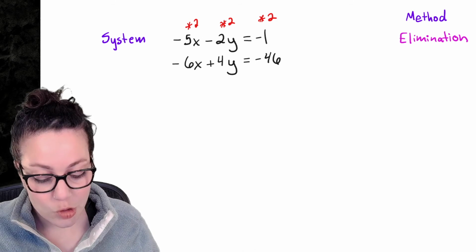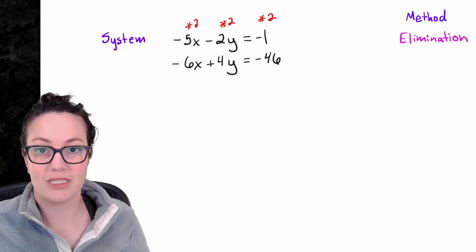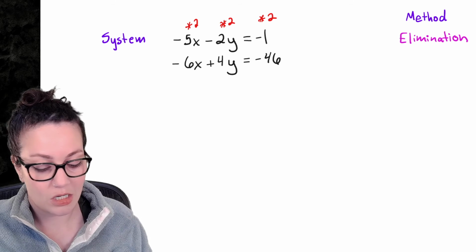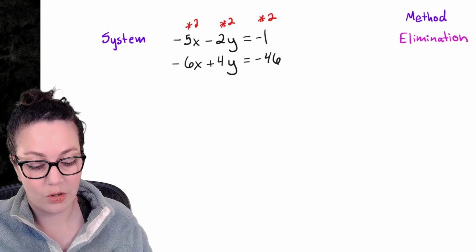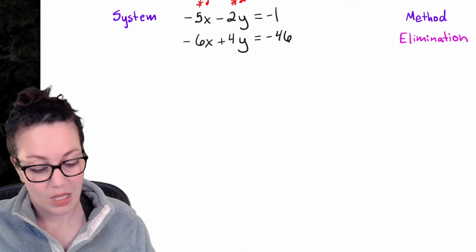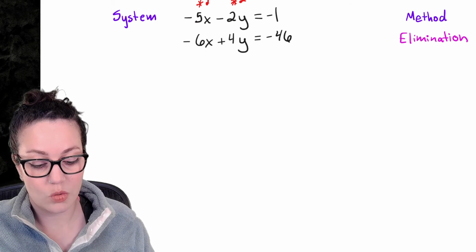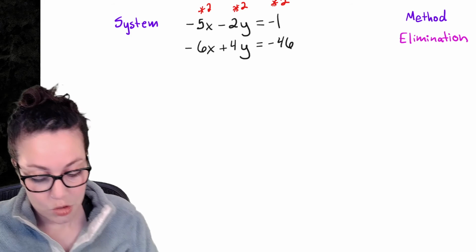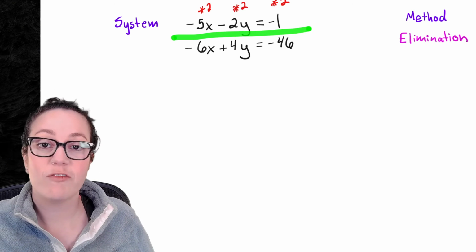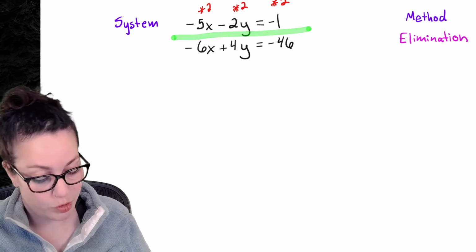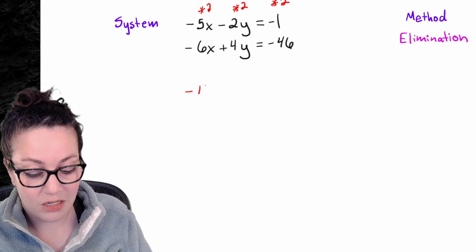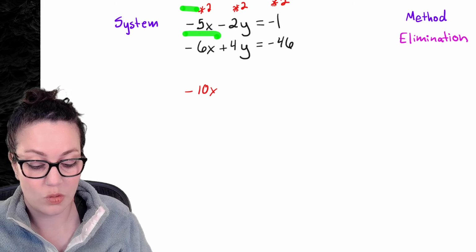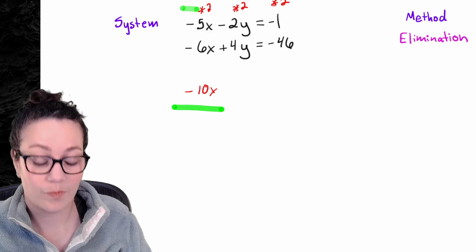Then I actually want to rewrite my whole system just so that I can make sure I keep everything straight. I know what's supposed to be where, what equals what, etc. It can be really easy to get lost if you try and crunch too much work together. So when I rewrite my first equation after multiplying every term by 2, I get negative 10x because negative 5x times 2 is negative 10x.